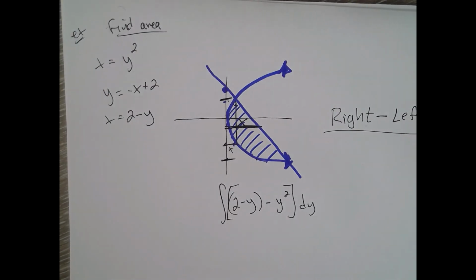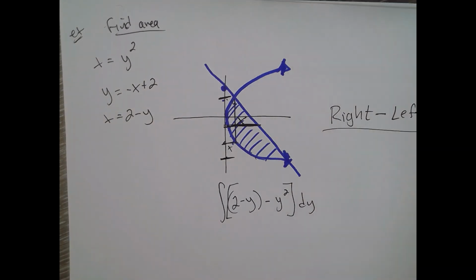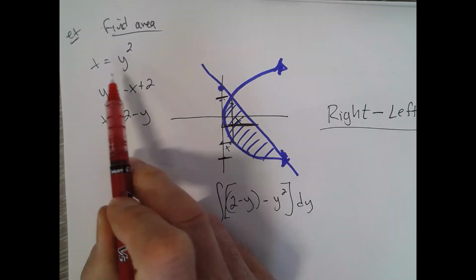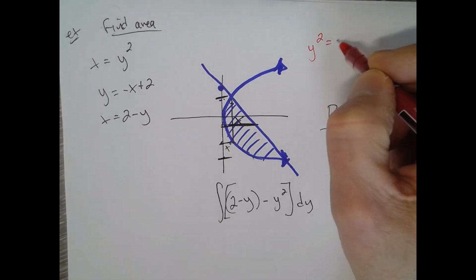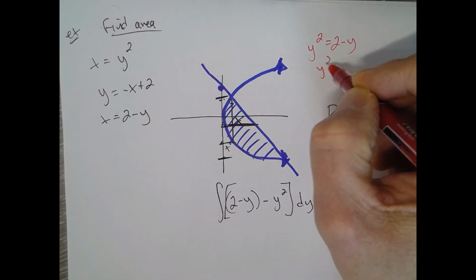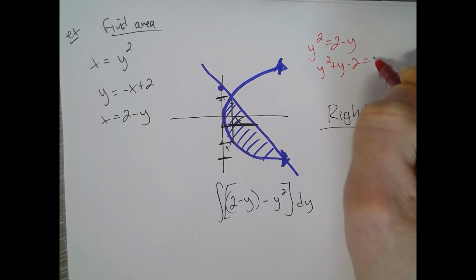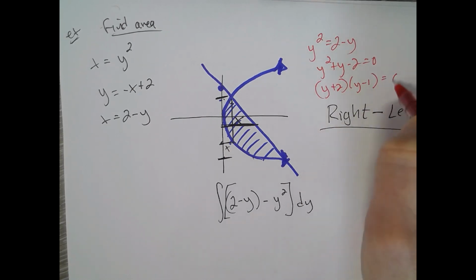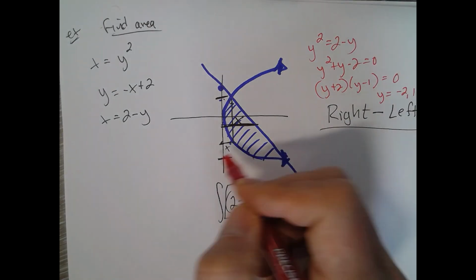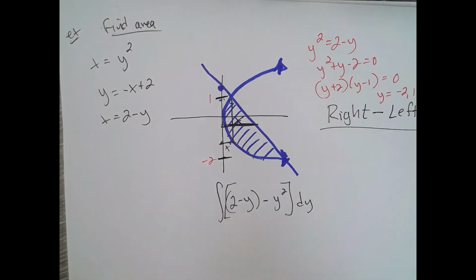So, algebra time. I've got that x and that x, so I'm going to set them equal to each other. y squared equals 2 minus y, so y squared plus y minus 2 equals 0, which factors as y plus 2 times y minus 1. So y equals negative 2 and 1. Seems to check out on my graph, from negative 2 to 1.